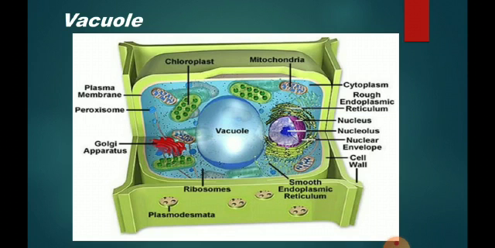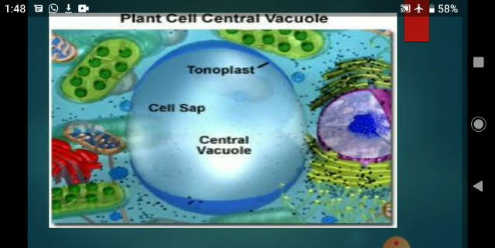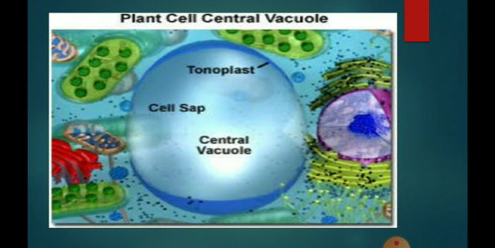So the function of the vacuole here is, first, as we have told, to store vital substances like liquid as well as some solid substances like glucose, minerals, and proteins for the plant. In animal cells they store waste products and food.